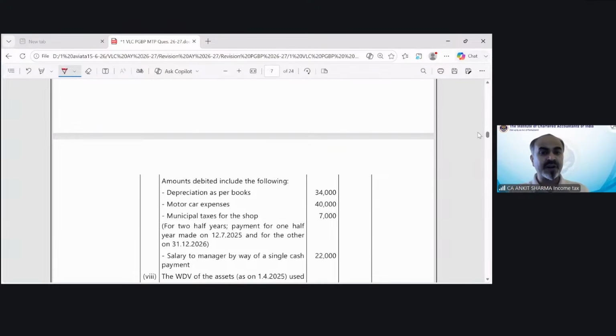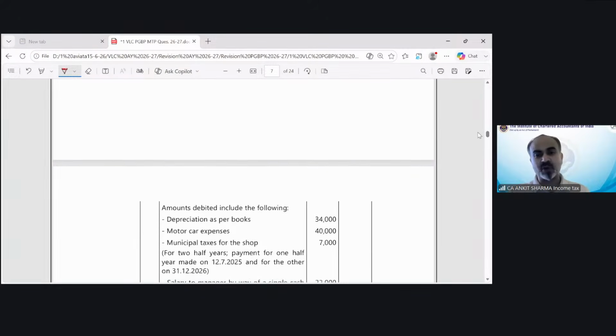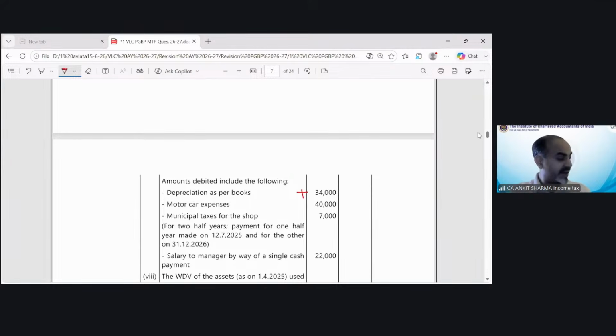Amounts debited included the following. Depreciation as per book. We have to add it back in that 6,60,000 rupees. Motor car expense would be allowed. Municipal taxes for the shop. For 2.5 years, payment for 1.5 years made on 12th July 2025, and for the other half year, it has been paid on 31st December 2026. So you can see municipal tax falls under section 43B provision, in which it says if the payment has been made up to the due date of ROI, then you can claim the deduction in the same tax year.